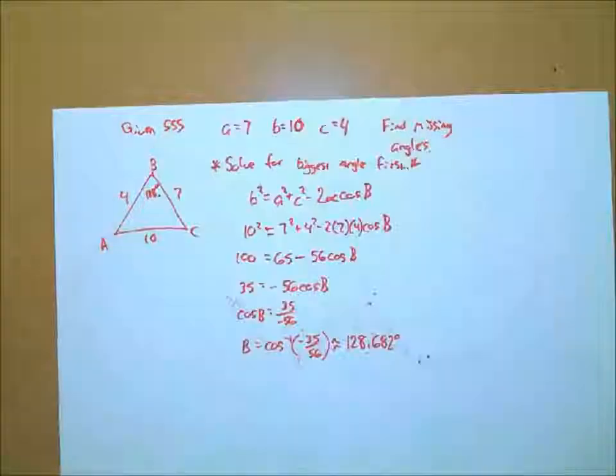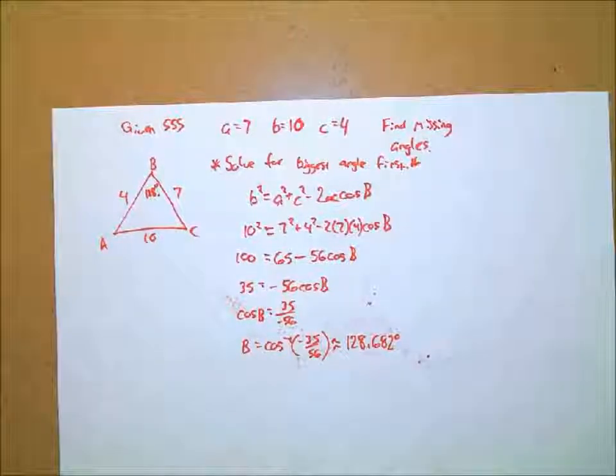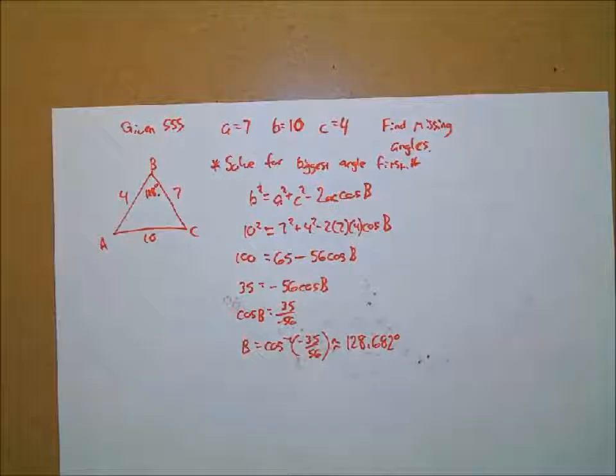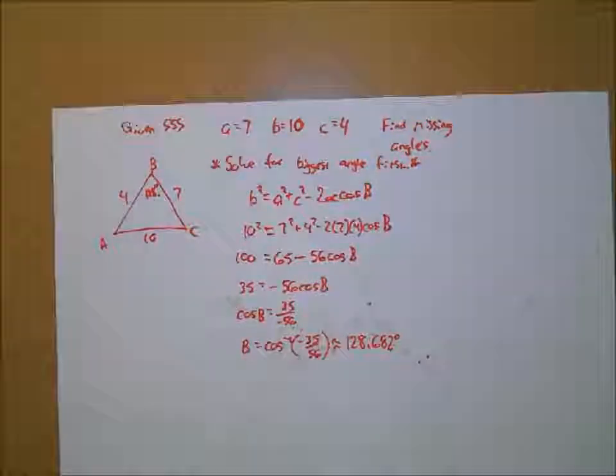I didn't have enough space to put all my decimal places in there, but you get the idea. At this point, what can we use now? Law of sines. Okay, so there we go. Questions on any of that?